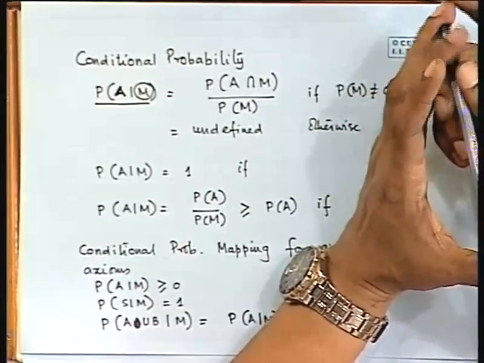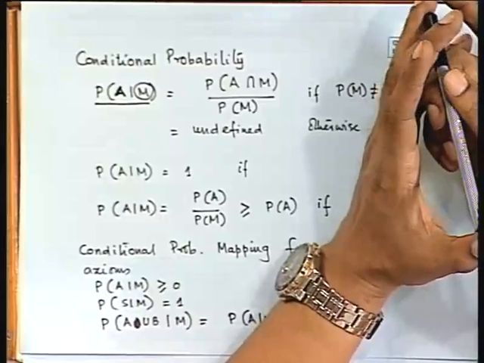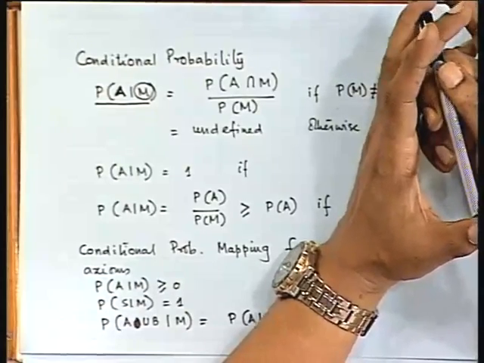So what is the probability of rain on a given day at Kharagpur? Maybe you will say 0.3 something. That is, over a large number of years you see the number of days it rained in Kharagpur. Now if I ask what is the probability of rain given that it is the month of July? Once you are given that it is the month of July, the probability of rain on a given day in Kharagpur changes.